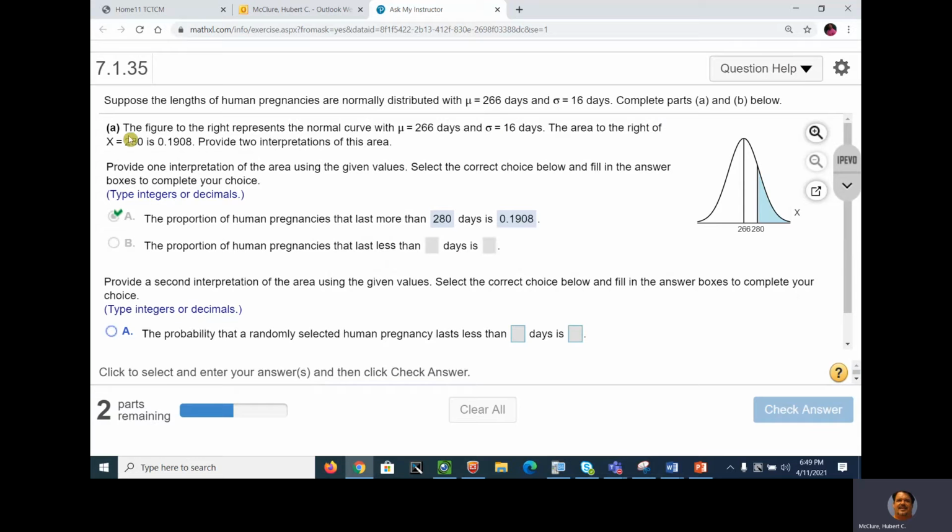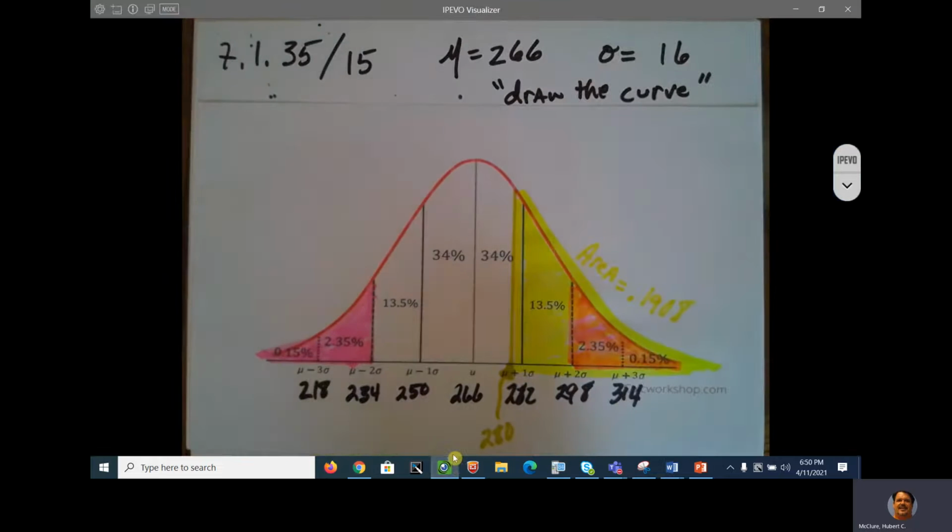Let's see, what did it say? 0.1908. So the area of the yellow area, according to the directions, is 0.1908. So that means the area in that yellow region is 0.1908.